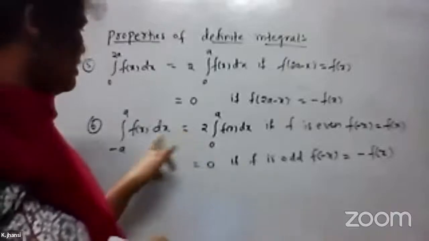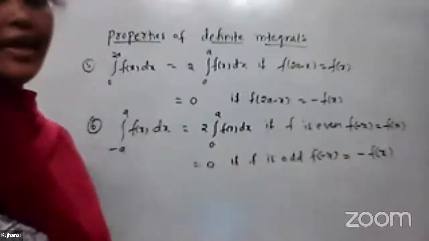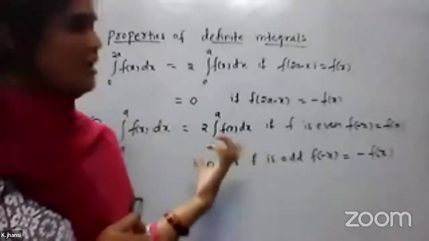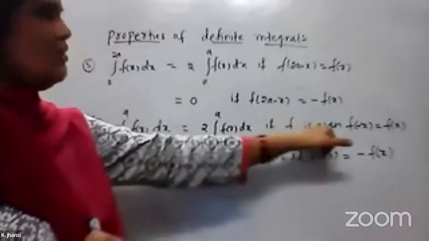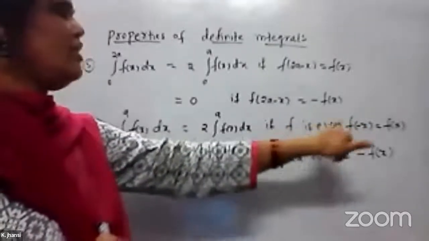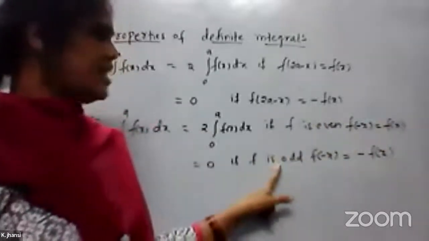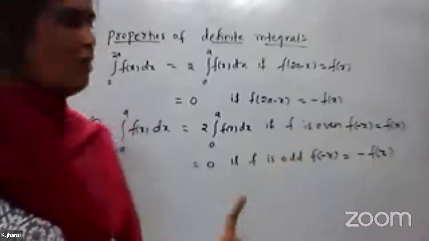Whenever it is an even function, like cos and secant, those are even functions. Sine and cosecant are odd functions. For an even function, f of minus x equals f of x. For an odd function, f of minus x equals minus f of x.